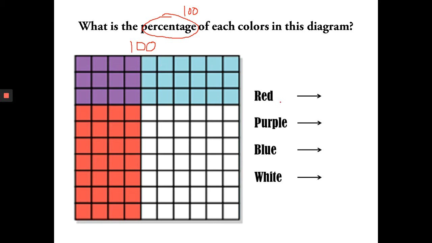Okay, so let's start with the red. What is the percentage of the red squares in this diagram? First to do that, we have to count how many parts are red. So let's start counting. 1, 2, 3, 4, 5, 6, 7.